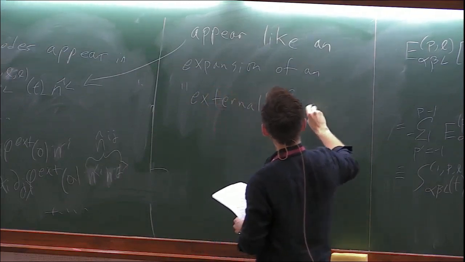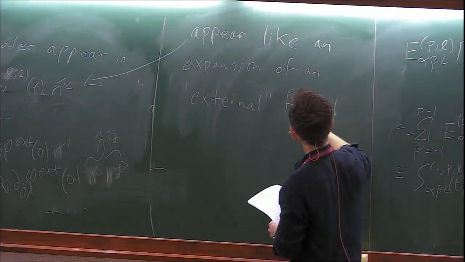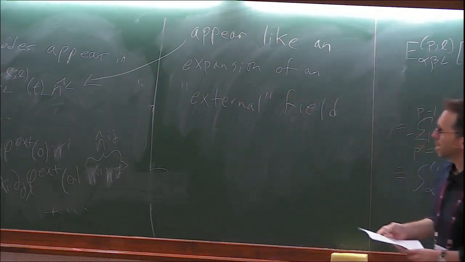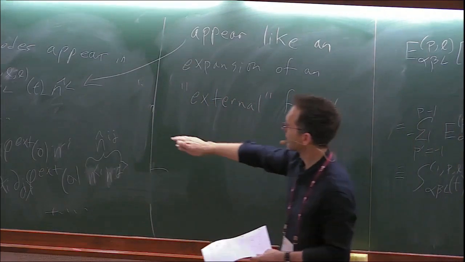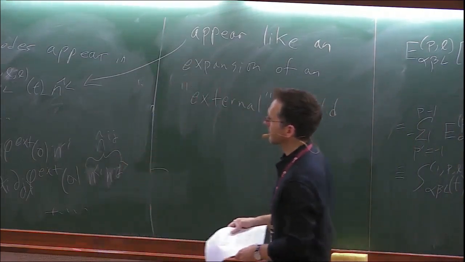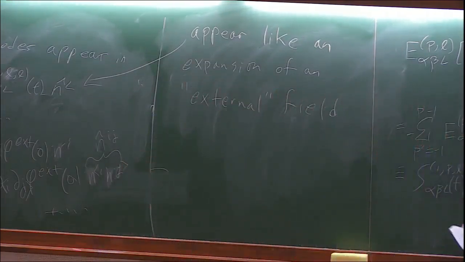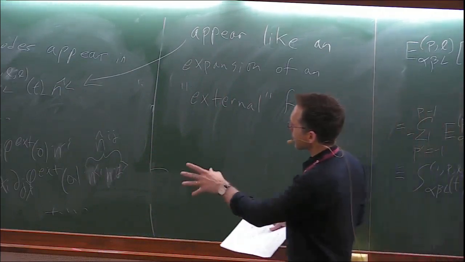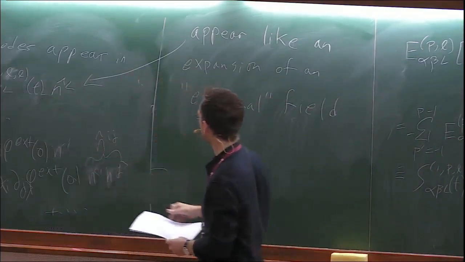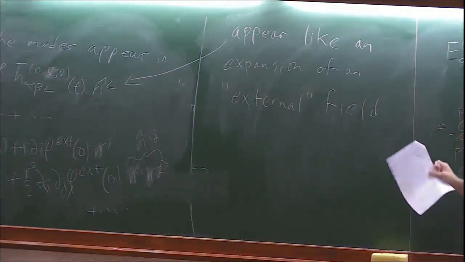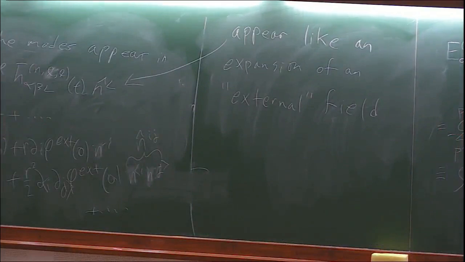There's some subtlety here in what you mean by external, because we're looking at the metric perturbation created by the small object. So every term we're finding here is somehow sourced or created by the object moving around in the space-time. But locally, a certain piece of it, the piece involving these special modes, is indistinguishable from just some external gravitational field you've applied.